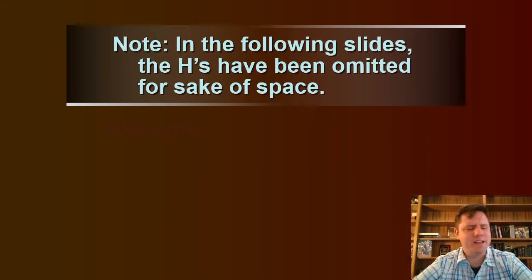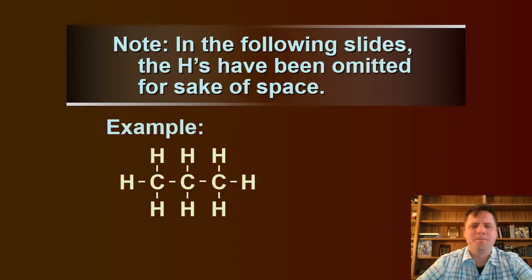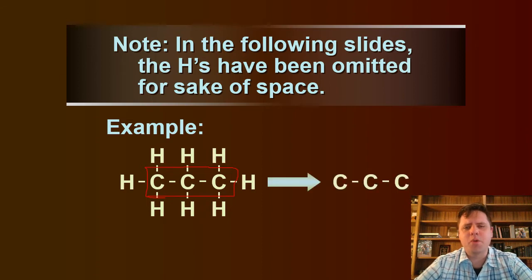So note in the following slides, the H's have been omitted for the sake of space. So for example, this would normally be what we're looking at when we're talking about propane. But instead, we're going to write it this way. And you're just going to assume that wherever there's a carbon atom, if there isn't anything listed there, what should be there are the H's, okay?